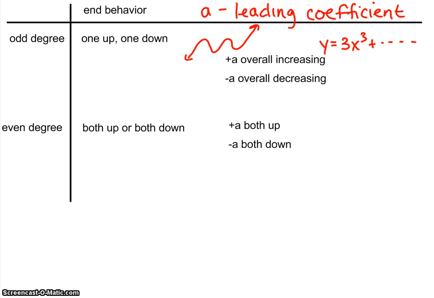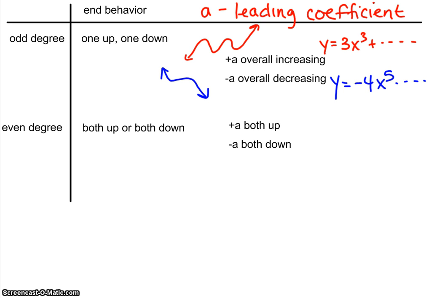When it's negative, you're going to be decreasing over the whole situation. So I start by decreasing, maybe change direction a couple times. In that situation, y equals negative 4x to the fifth, on and on. When we have even degree functions, x squared, that's the one I always tell people to think about, because you should understand the idea with your quadratics of opening up or opening down.